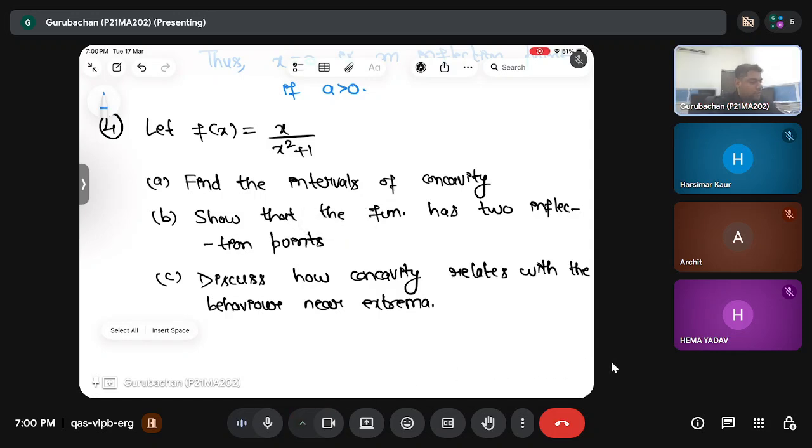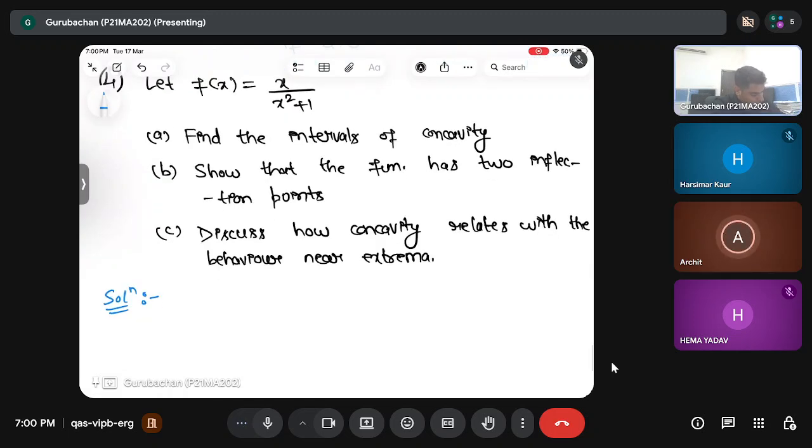So what are the intervals of concavity? Sir, minus infinity to minus root 3 union 0 to root 3 concave down, and minus root 3 to 0 union root 3 to infinity concave up. Okay. So f dash x is minus 2x square divided by x square plus 1.